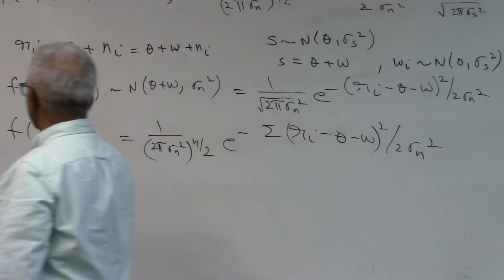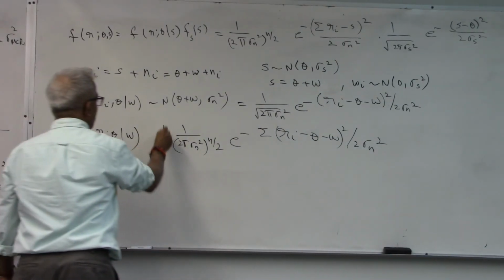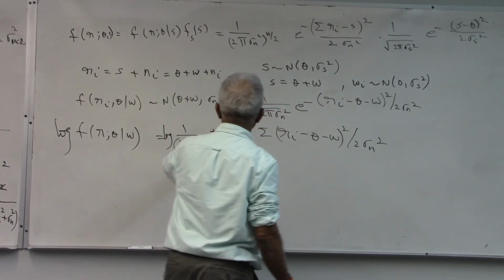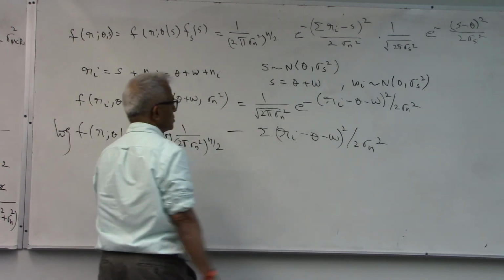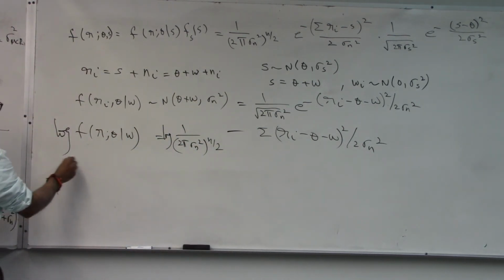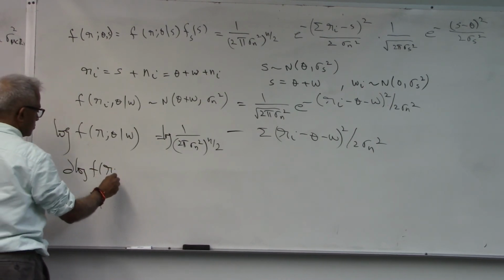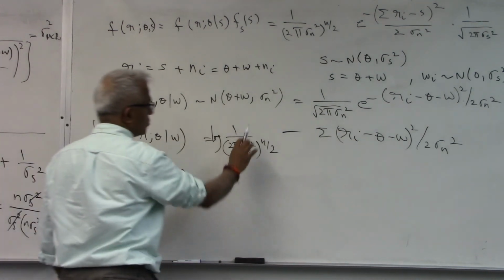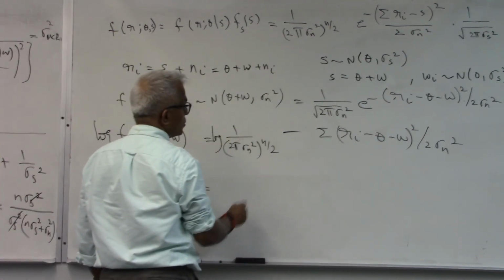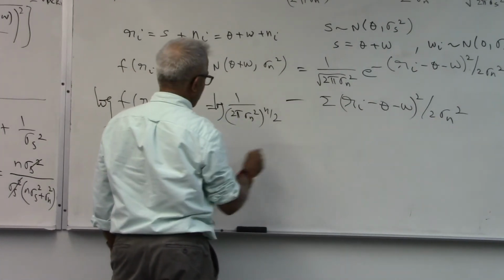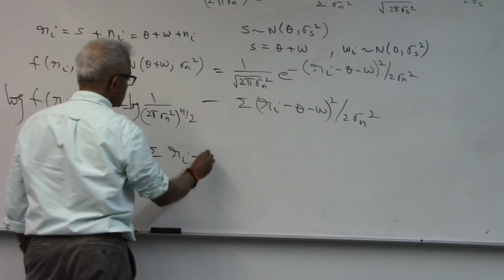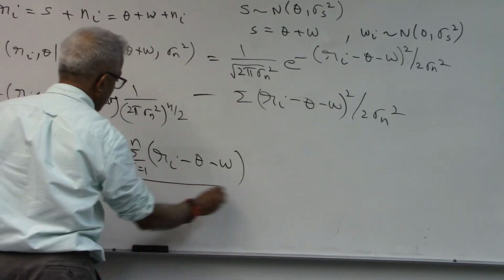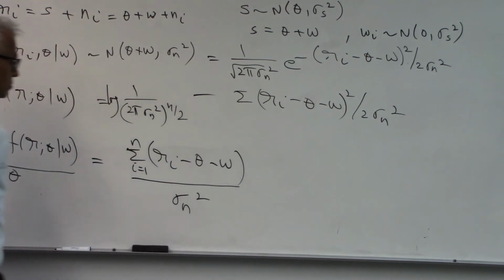So let's take the logarithm. That's going to be log here plus log here, so that's simply this one, right? Log of this is minus this. Now let me take the derivative of this with respect to theta. So this goes away. The 2 cancels, the minus cancels, so you have the sum of Ri minus theta, right?